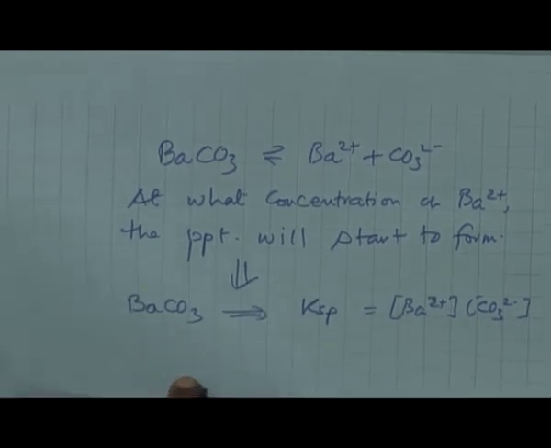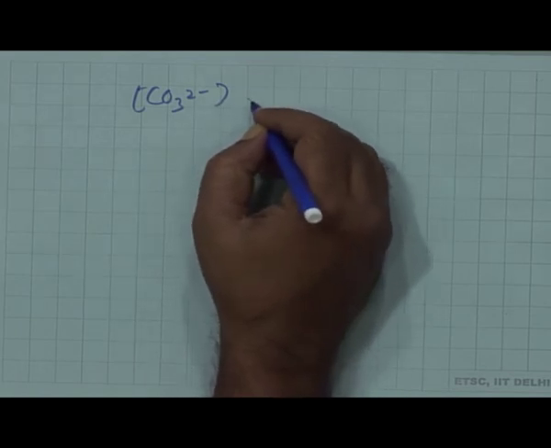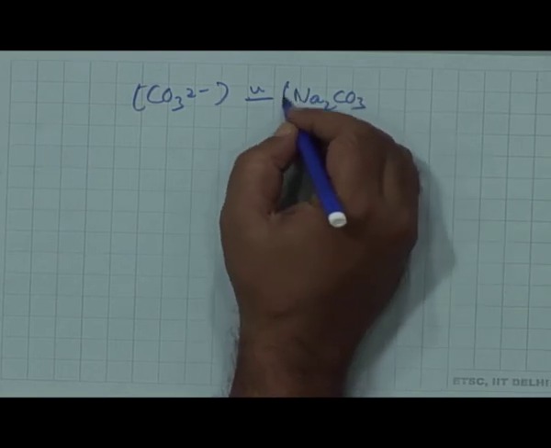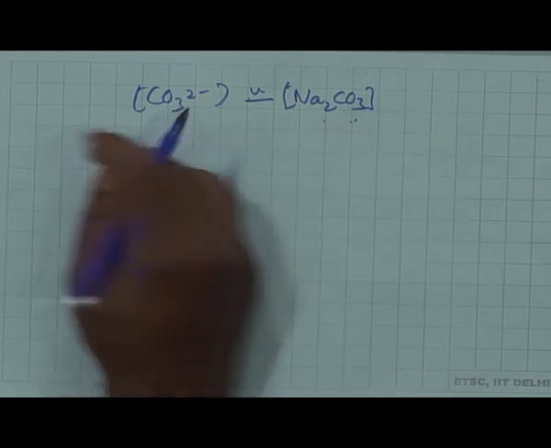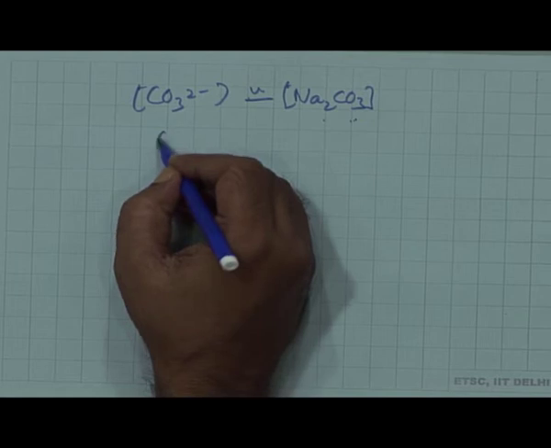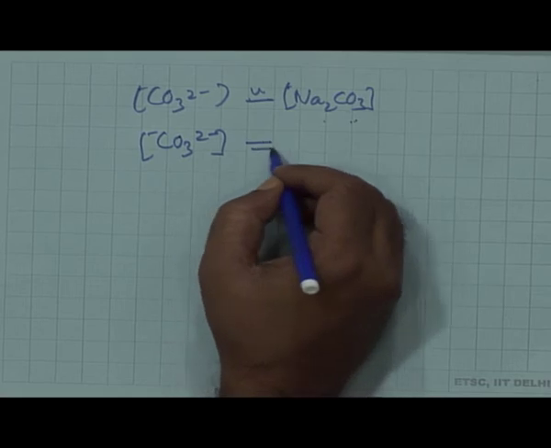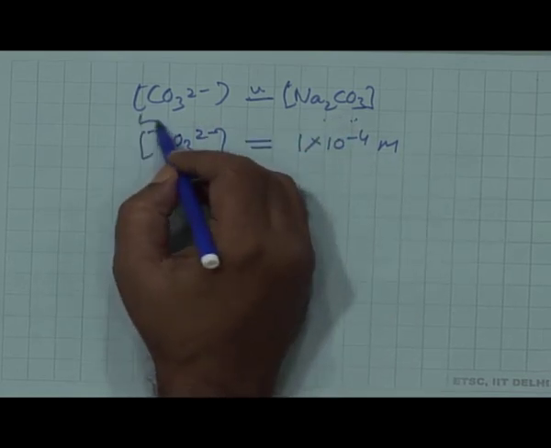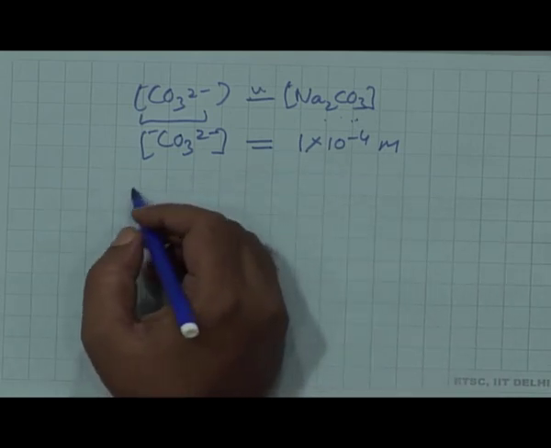And your carbonate ion is coming from Na2CO3, so its concentration will be equal to the concentration of Na2CO3, because Na2CO3 is completely dissociated, and the concentration of sodium carbonate is 1 into 10 to the power minus 4 molar. So, your concentration of carbonate ion will also be 1 into 10 to the power minus 4 molar.